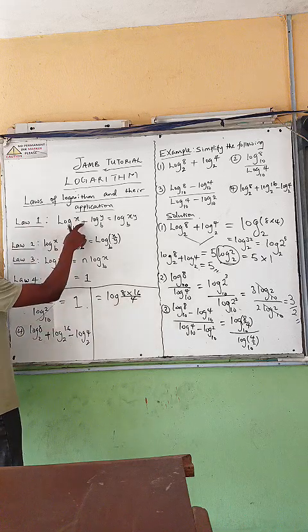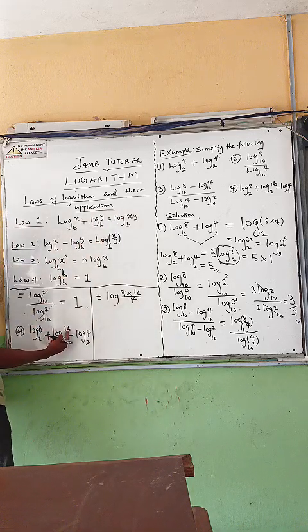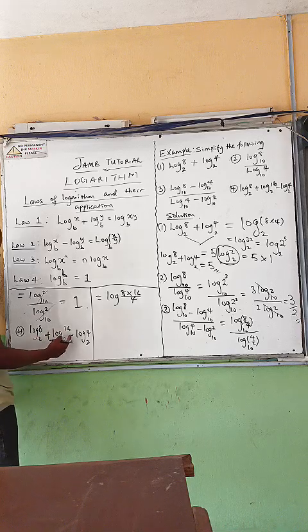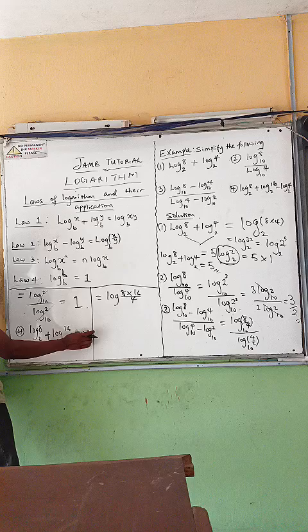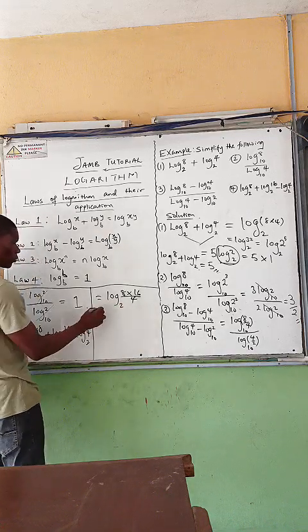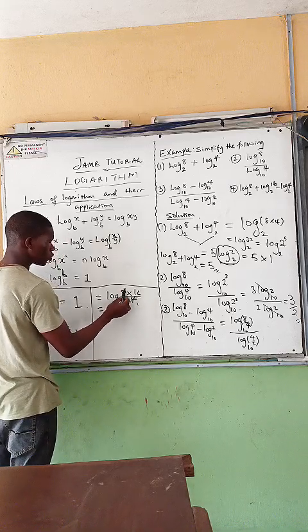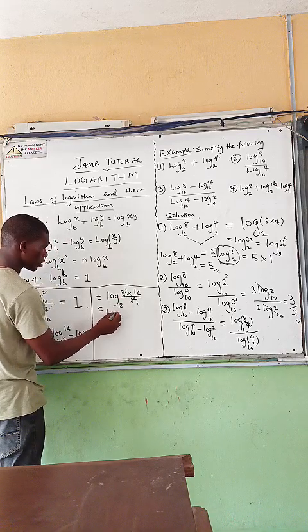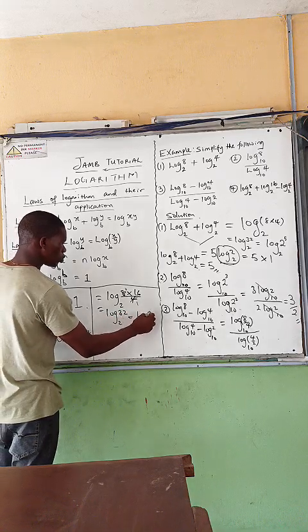Addition is multiplication of the two numbers, that is, multiplying 16 and 8. And subtraction is division of the two numbers. So what we have done here, we divide by 4. Then the common base, they are all having base 2, right? So we have log 32 to base 2, which equals log 2 raised to power 5.